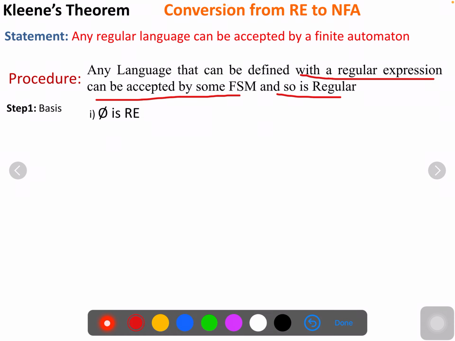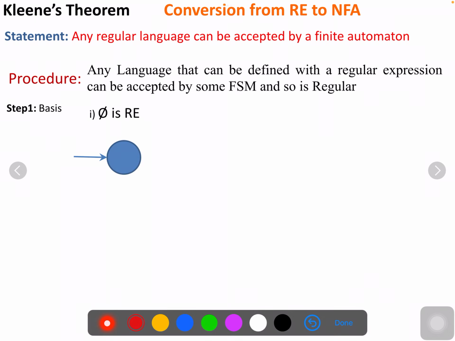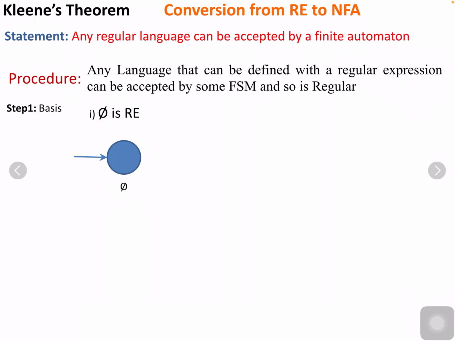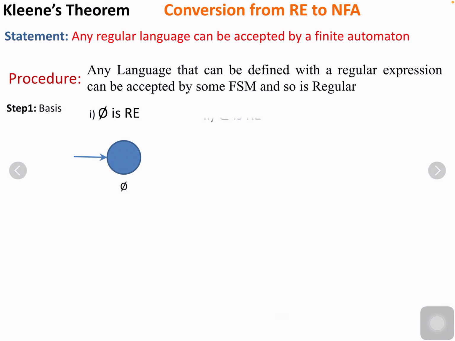First we will see the basis. The first definition: phi is a regular expression, obviously, as per the definition of RE. There is no operator. So what is the state diagram of the finite state automata? There is no transition. It has a start state and there is no end state at all.